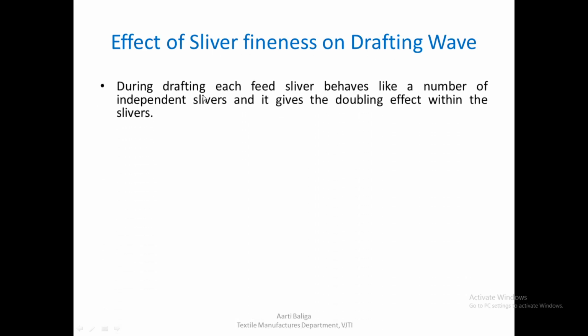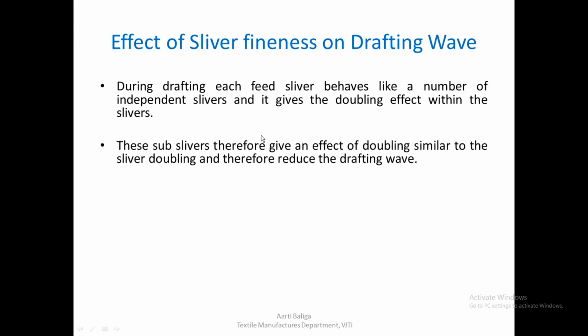So during drafting, each feed sliver behaves like a number of independent slivers, and it gives a doubling effect within the slivers. Now imagine that we are feeding 8 input slivers, and we consider each of them to be a doubling of small sub slivers within it.